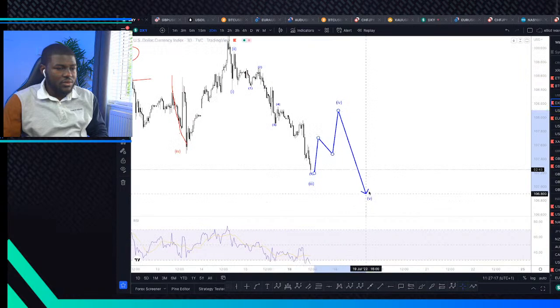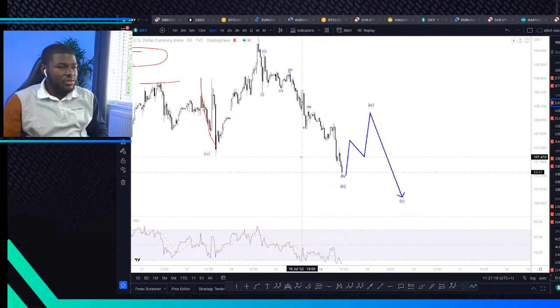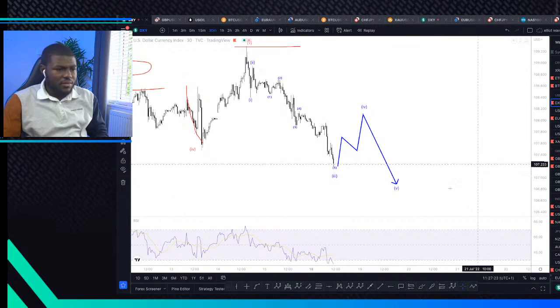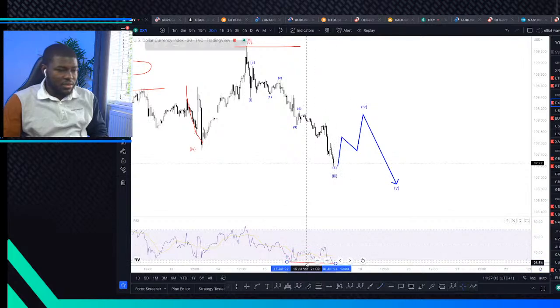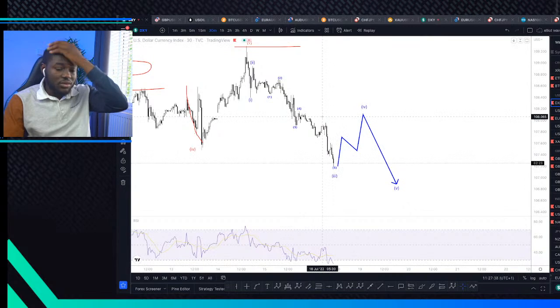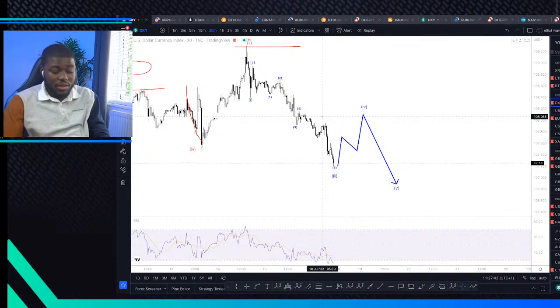That's all my expectation for DXY, and there's going to be a weakness in the meantime before there's going to be a correction. We see a rally up before we now see market continuing to go down as anticipated. So for you that see DXY falling currently, I won't advise you to join that falling line.